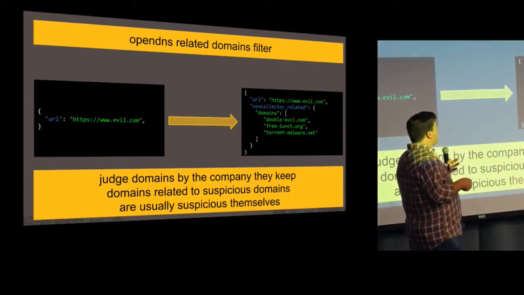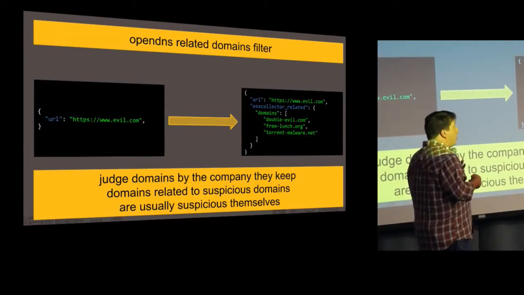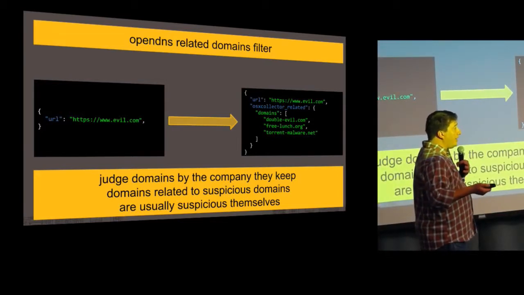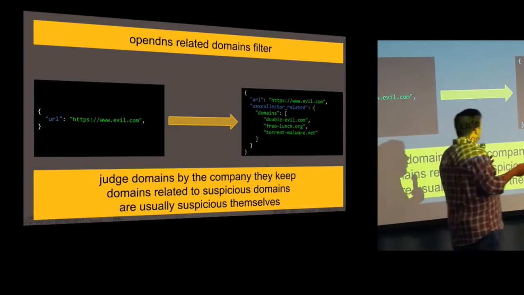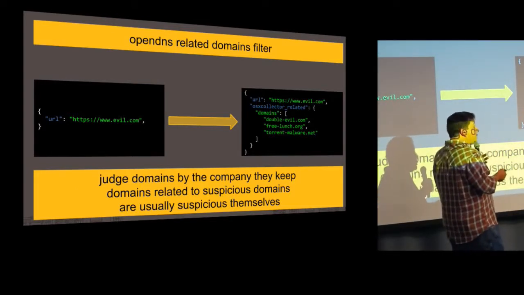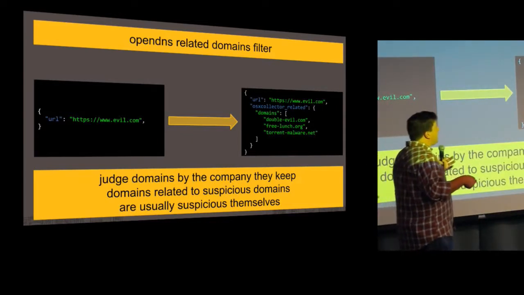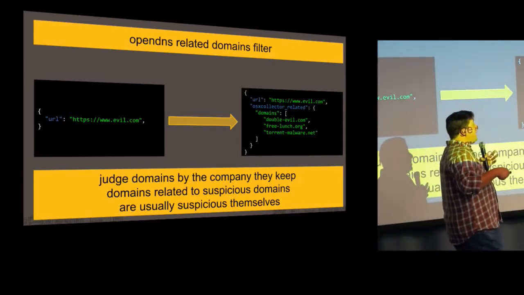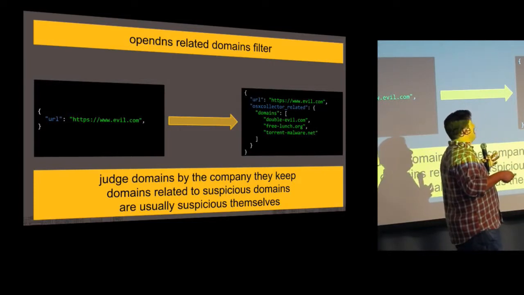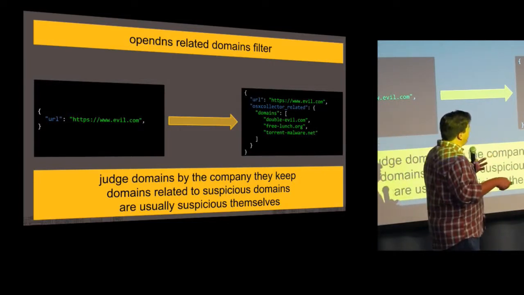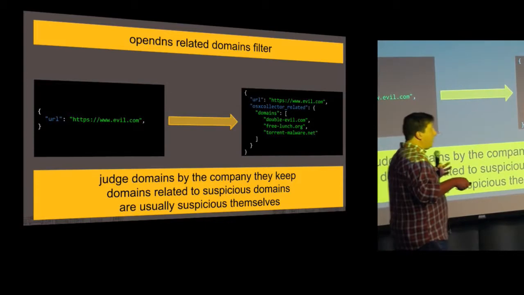So you can ask OpenDNS, hey, I got this one domain, do you know any other domains it might be related to? And OpenDNS is like, yeah, I actually do, which is pretty cool, and which is probably why we pay them, because not many people can answer that question. So basically, you can say, hey, I know about evil.com, what's it related to? And it can say, oh, that's related to doubleevil.com and freelunch.com and torrentsandmalware.net, right?